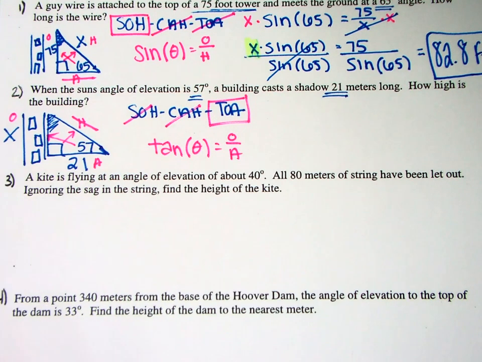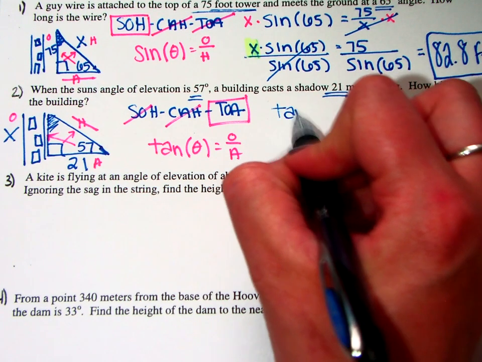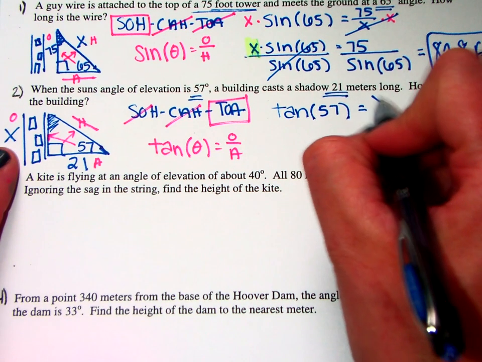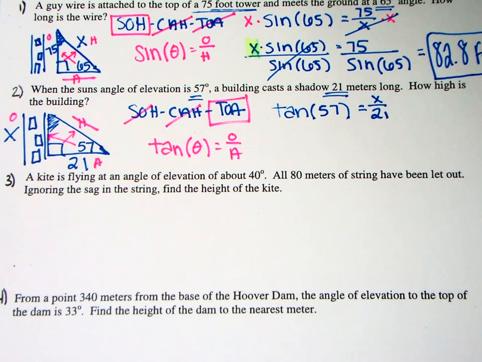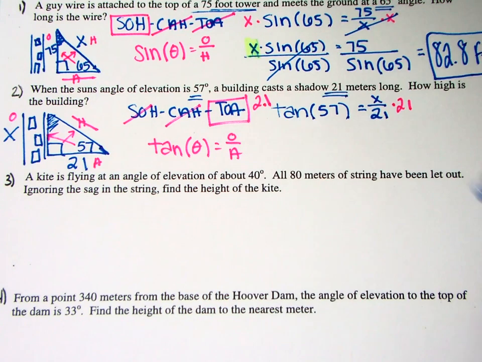Take the time to write it down. No harm in writing it down. Now I'm going to substitute. Tangent of 57 equals opposite X over adjacent 21. To simplify, I always clear the fraction, so my denominator in this case is 21, so I'm going to multiply by 21.